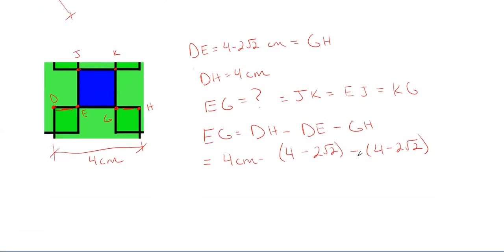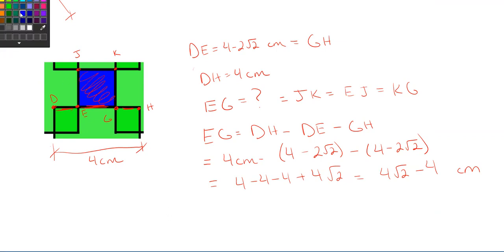So you just have to watch out for the minus sign transferring into positive signs, because this would end up being 4 minus 4 minus 4 plus 4 square roots of 2, which equals 4 square roots of 2 minus 4 centimeters. Well, that would be my length, and it's asking for the overall area in blue here.